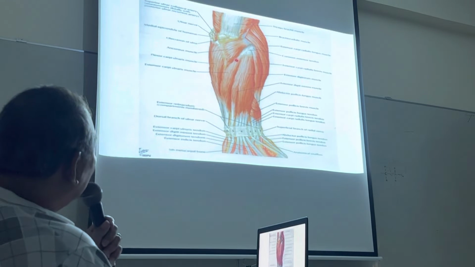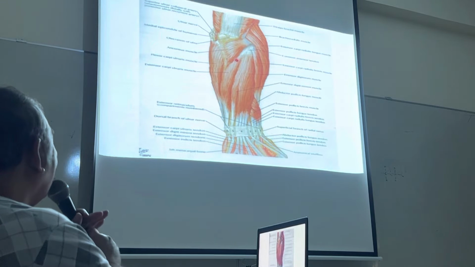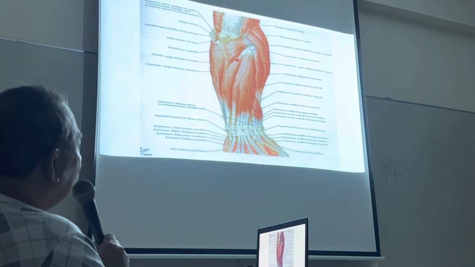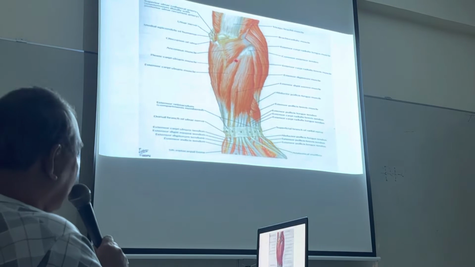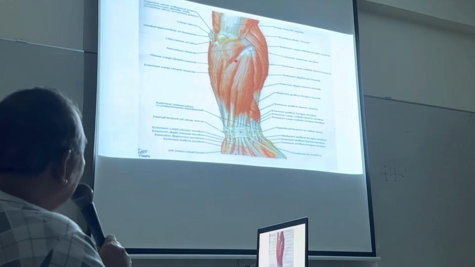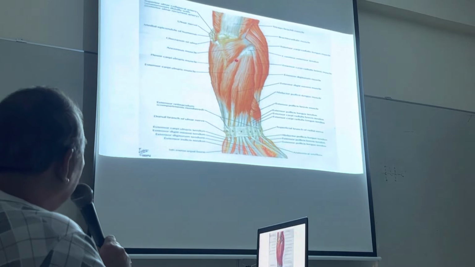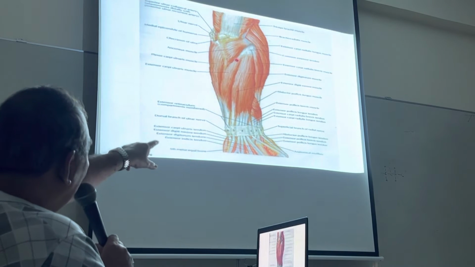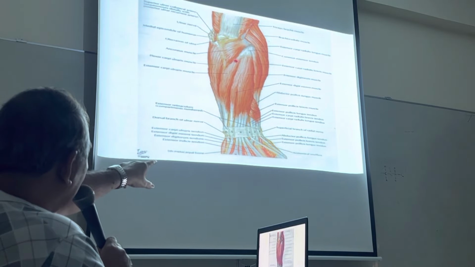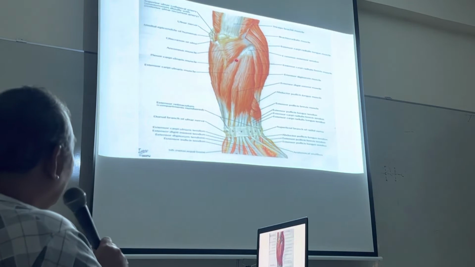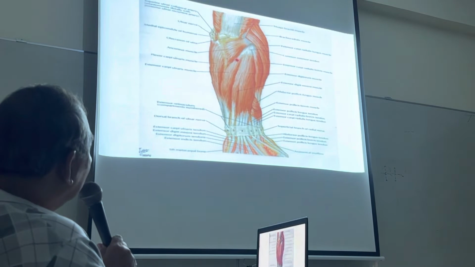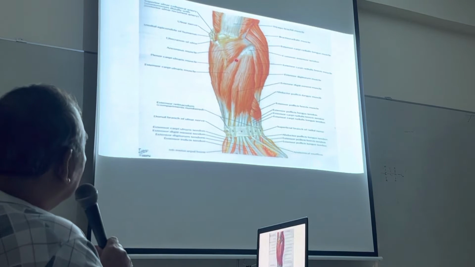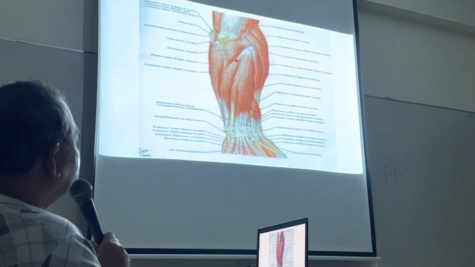Extensor digitorum. So this muscle will break into how many tendons? 1, 2, 3, 4. Four tendons. So it's the extensor digitorum muscle. As the name implies, its action will be on all the digits.